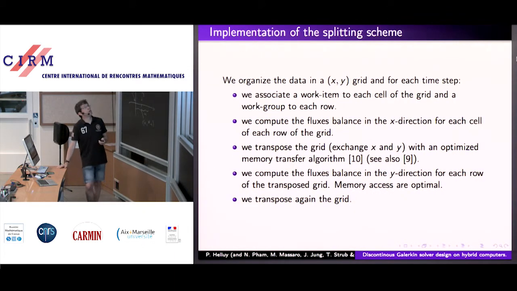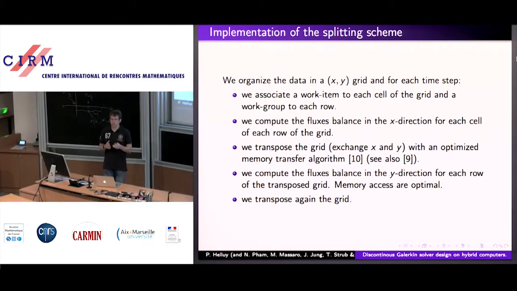I have given you a few words on OpenCL, and now I explain how we will implement the previous very simple algorithm on our GPU. We organize the data in an XY grid, and for each cell we associate a work item. I recall that a work item is a virtual processor, so you don't have to manage the actual processor.